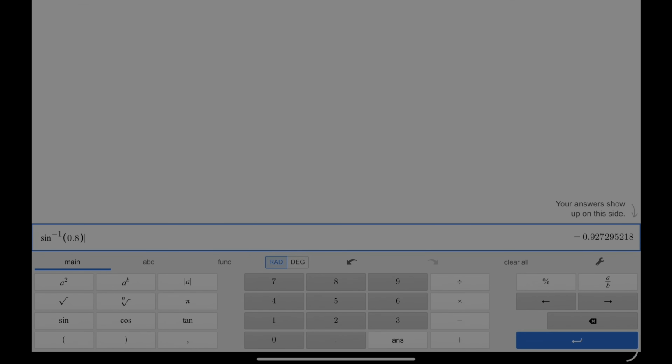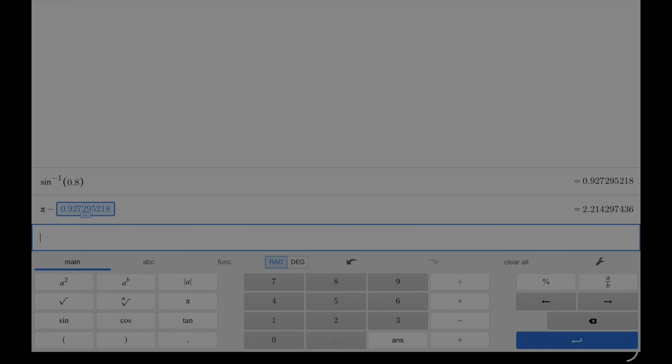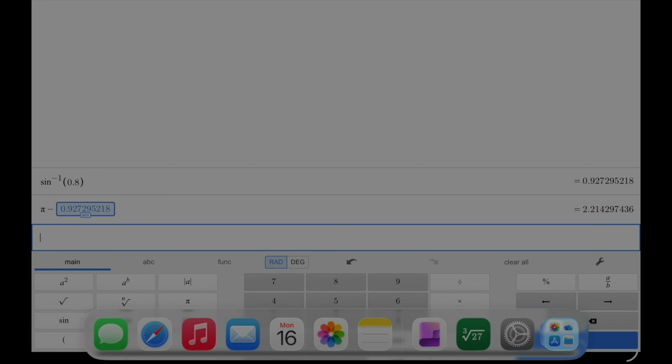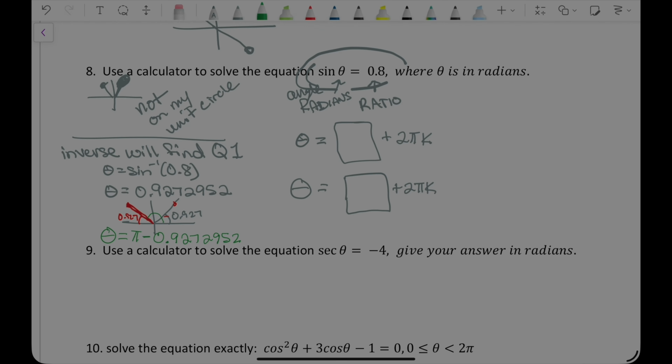So what is pi? Let's see. Pi minus the previous answer. 2.2143.